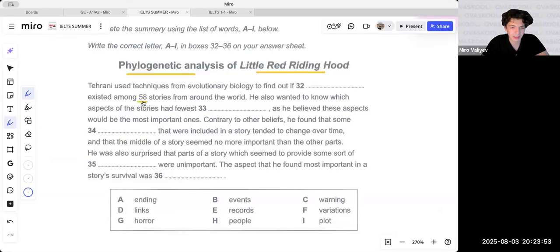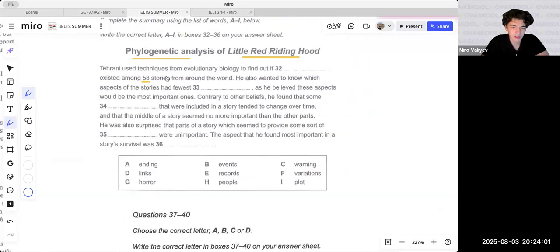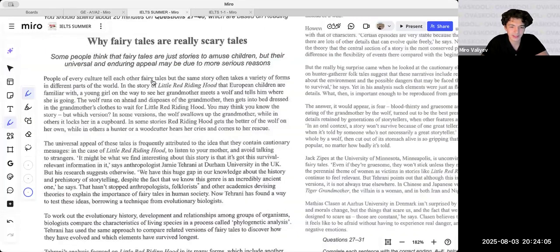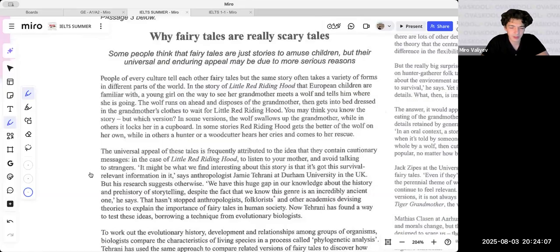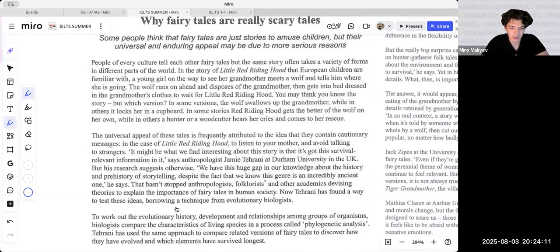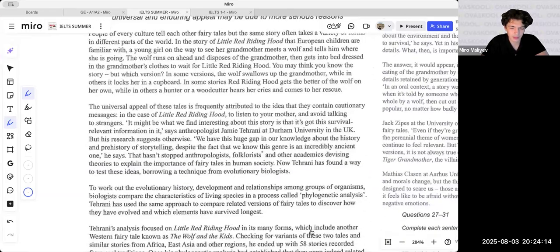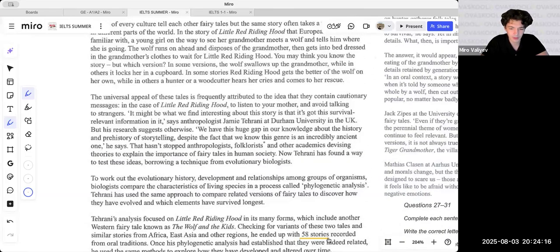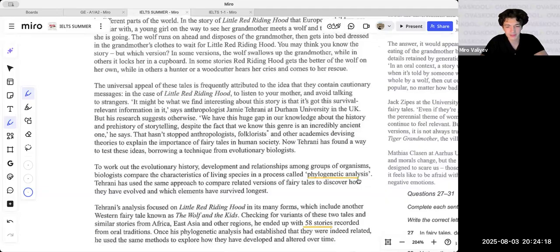We have a number, and you usually cannot paraphrase a number. So phylogenetic and 58. Let's just find it. Little Riding Hood, okay. I don't see 58 anywhere here. Okay, so 58 here. And yes, phylogenetic analysis.